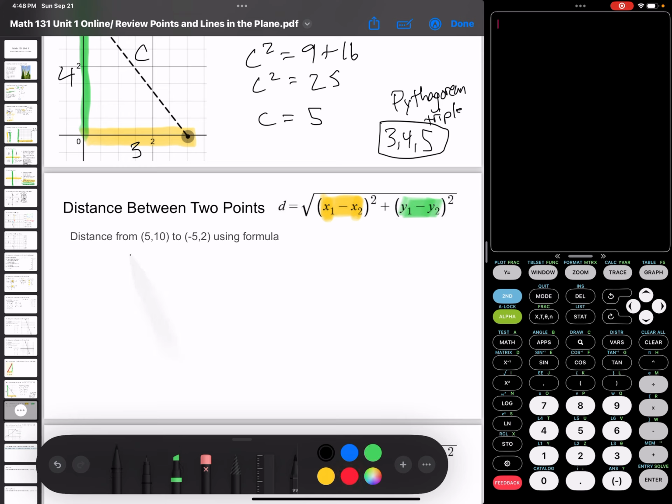I like to label: x1 is 5, y1 is 10, x2 is -5, y2 is 2. Let's get a nice color. Let's do a nice purple.